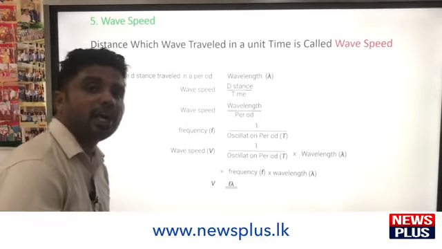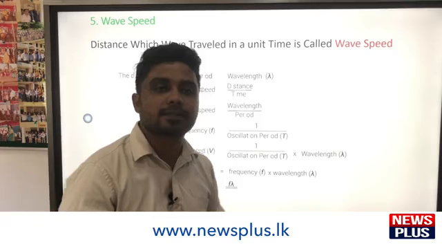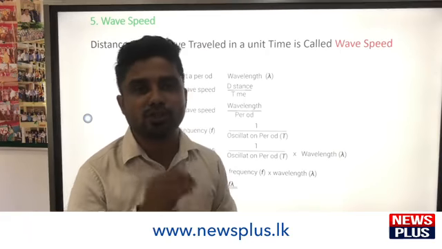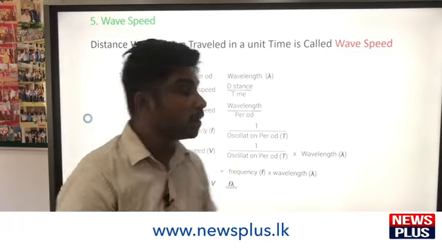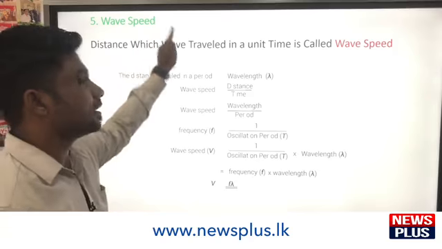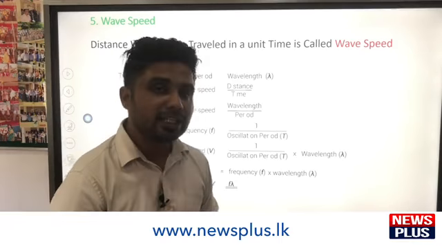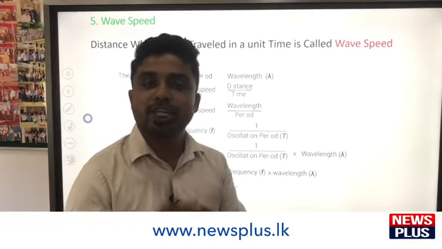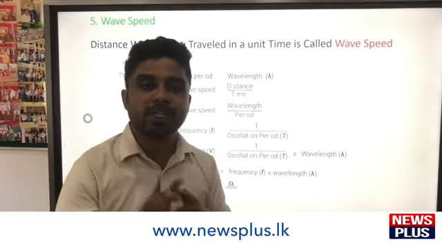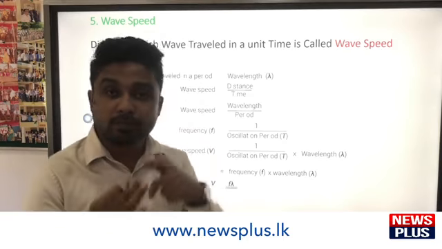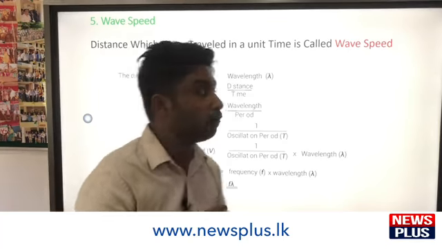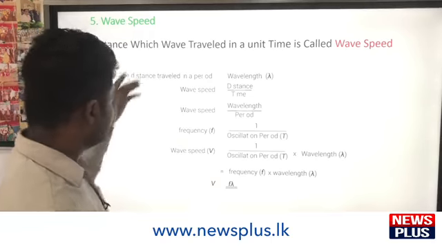Let's look at the final topic of these physical properties associated with waves: wave speed. Wave speed, like frequency, like amplitude, like wave period. A wave also has what? Speed.